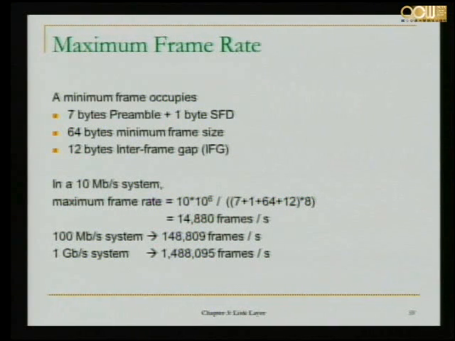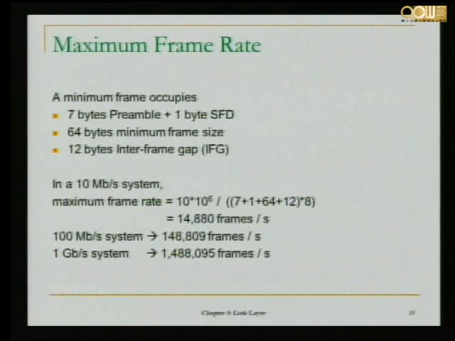If you have 100 megabit per second Ethernet, then that Ethernet alone can pump 148,000 frames per second. And with 1 gigabit, it's over 1 million frames per second.